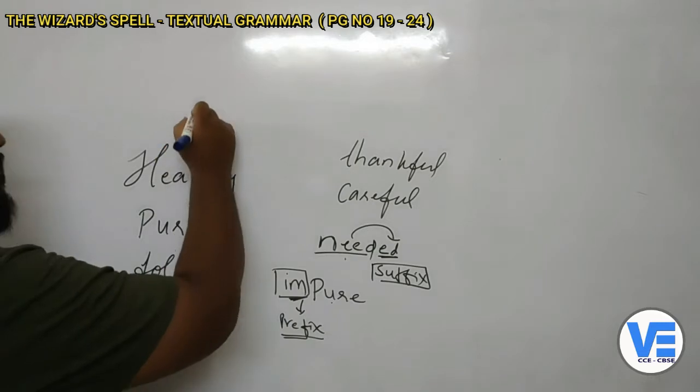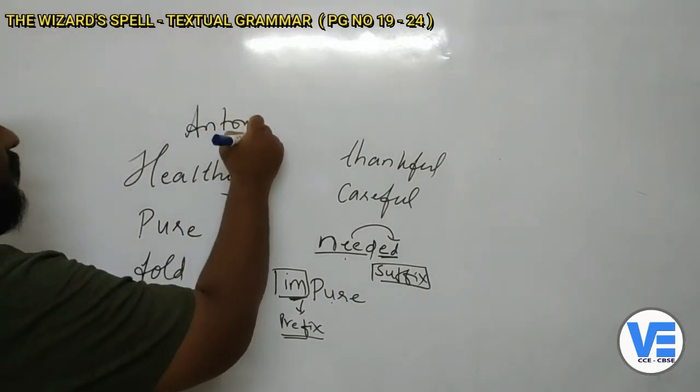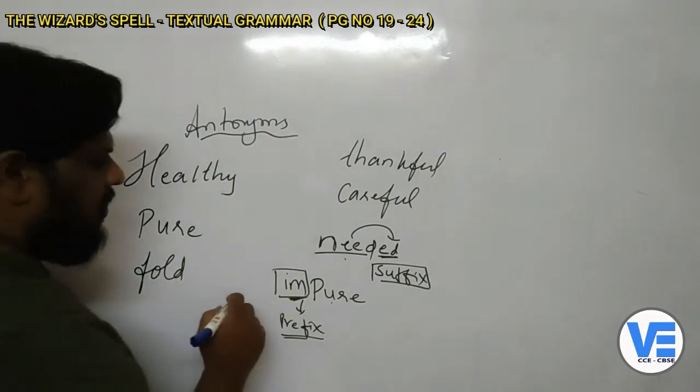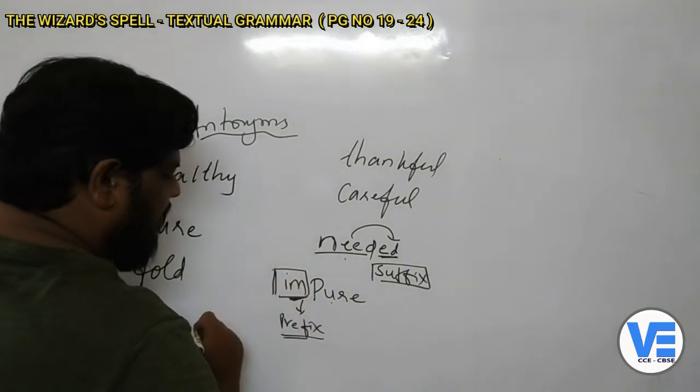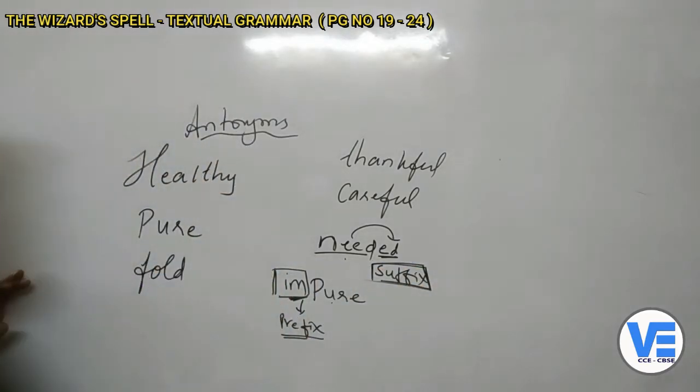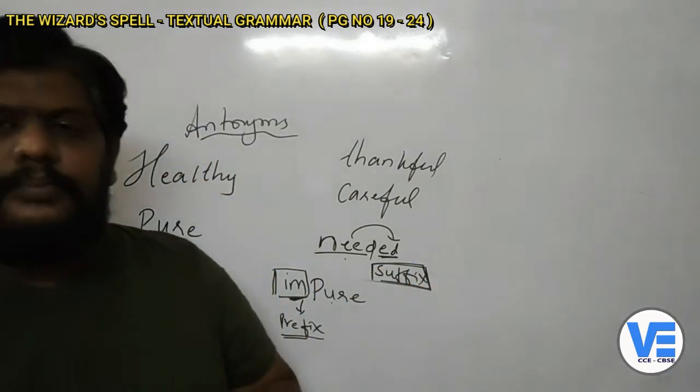Now the antonyms, or the opposite words, which you are going to learn: we are going to fix some prefixes and also some suffixes to the word and make it an antonym.